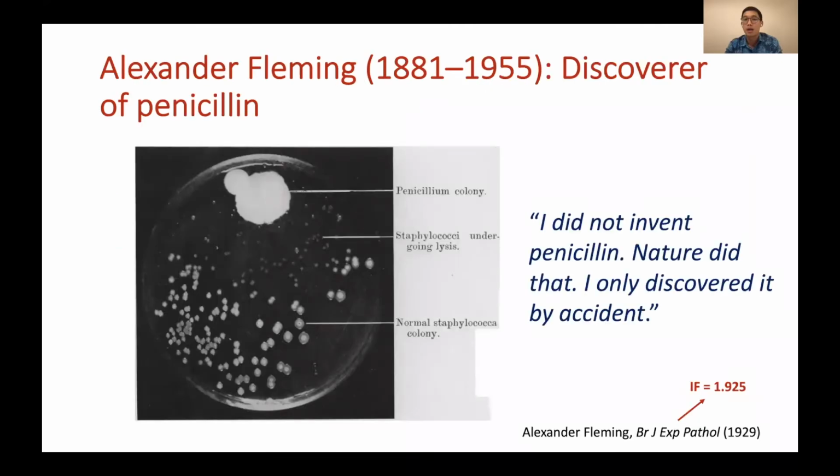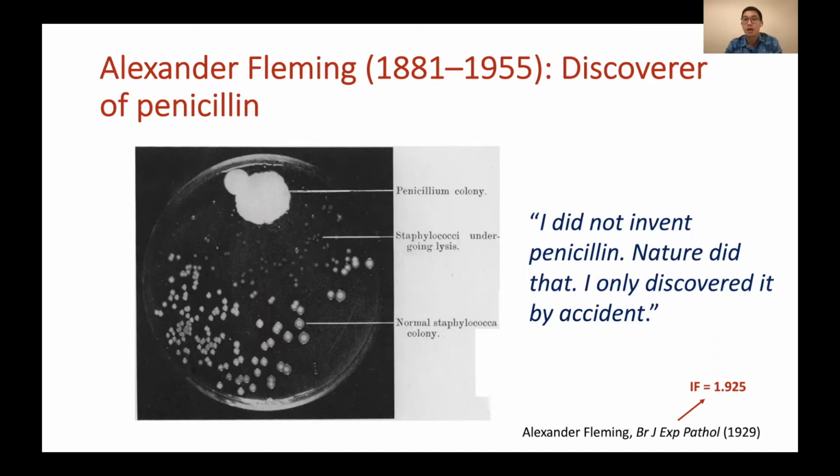When people ask me who my idol is, I always say that Alexander Fleming is my idol. Alexander Fleming discovered penicillin, but he discovered it by accident. He was working with Staphylococcus species, plated the culture on a plate, and just left it like that.